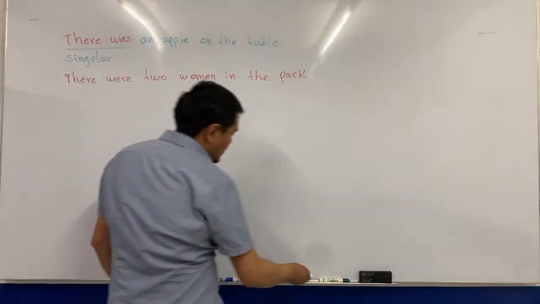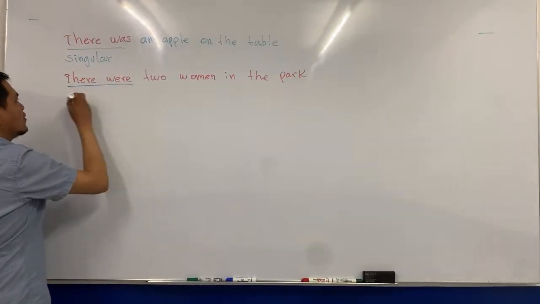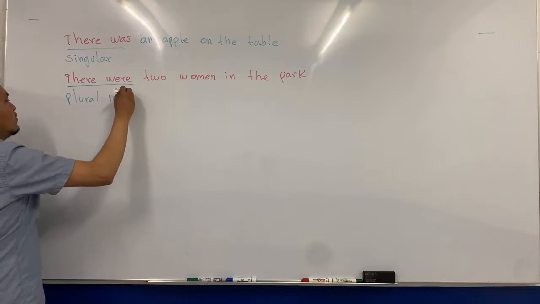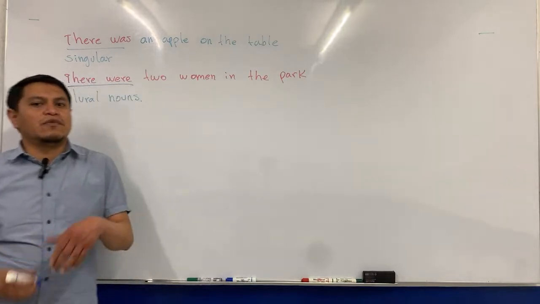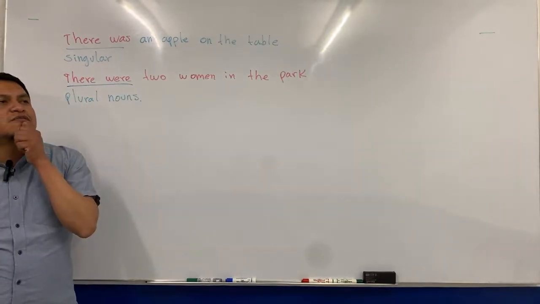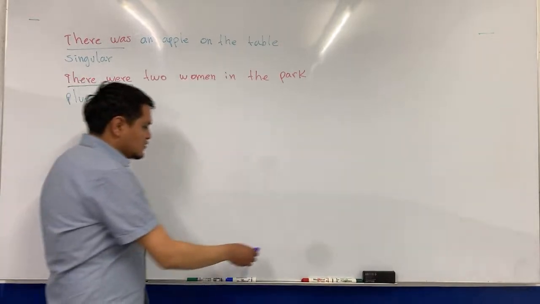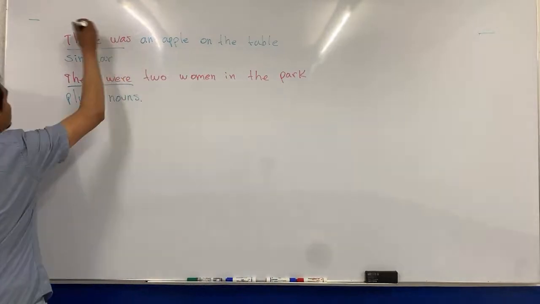There were two women in the park. I mean, this is for plural nouns. Easy, right? Now, this is for affirmative sentences, right?